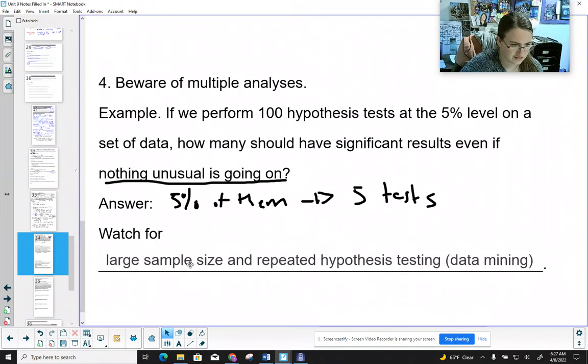Do I want to actually even launch sample size? No, I lied.